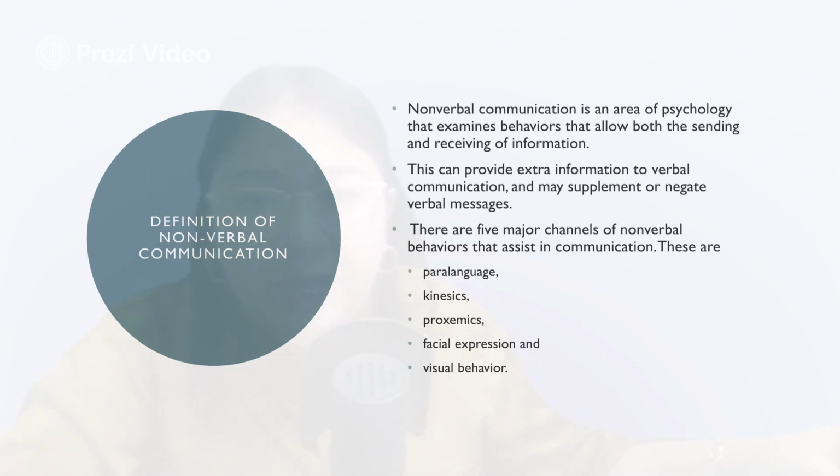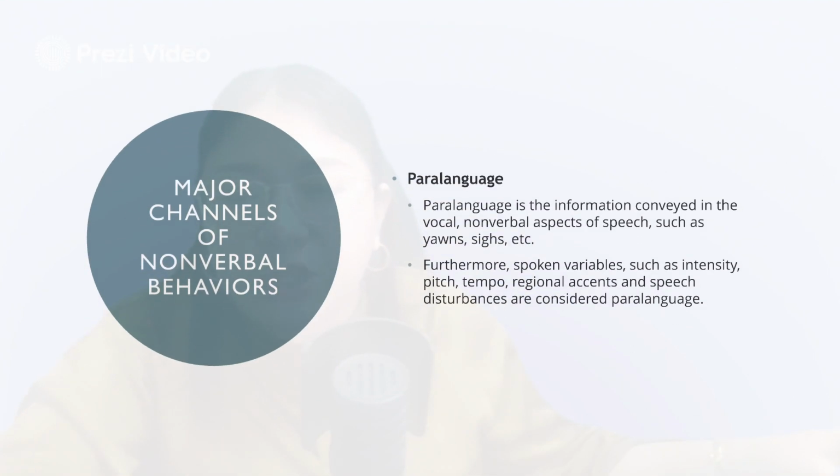Let's take a look at the first major channel of nonverbal behavior, which is paralanguage. Paralanguage is the information conveyed in the vocal, nonverbal aspect of speech, such as a yawn or a sigh.